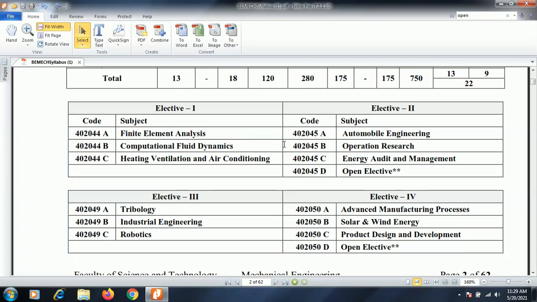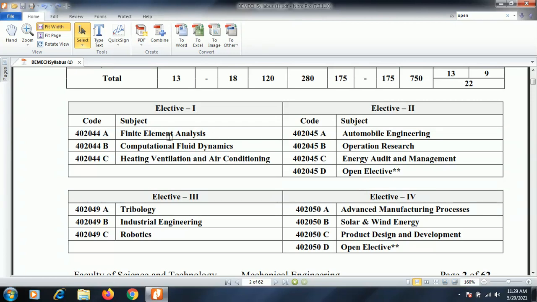From the GATE perspective, you can choose operation research as your second elective. It is 70% numerical and 30% theory. Automobile engineering is purely theory, and energy audit and management is 80% theory and 20% numerical.